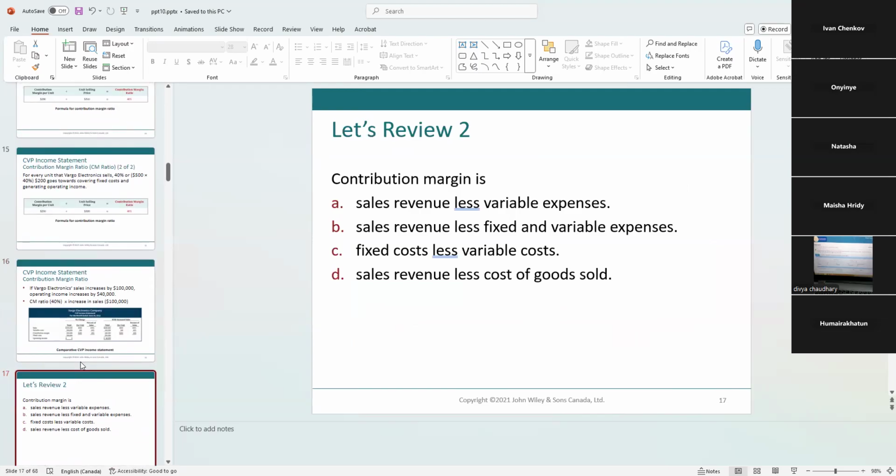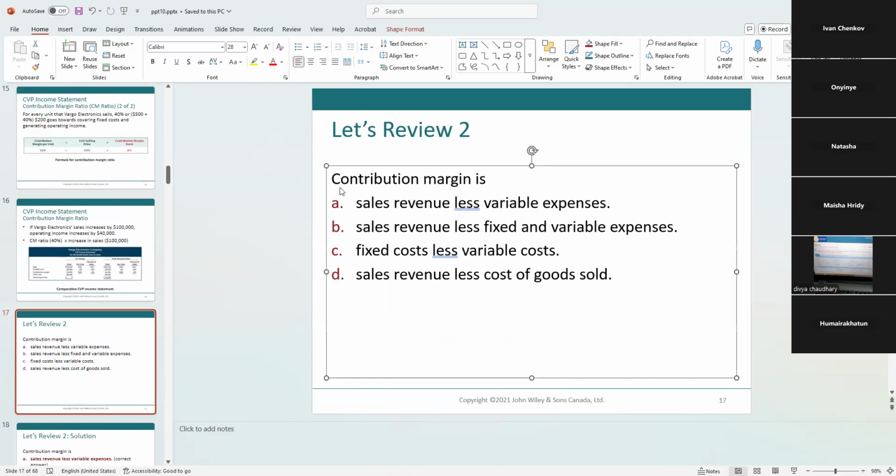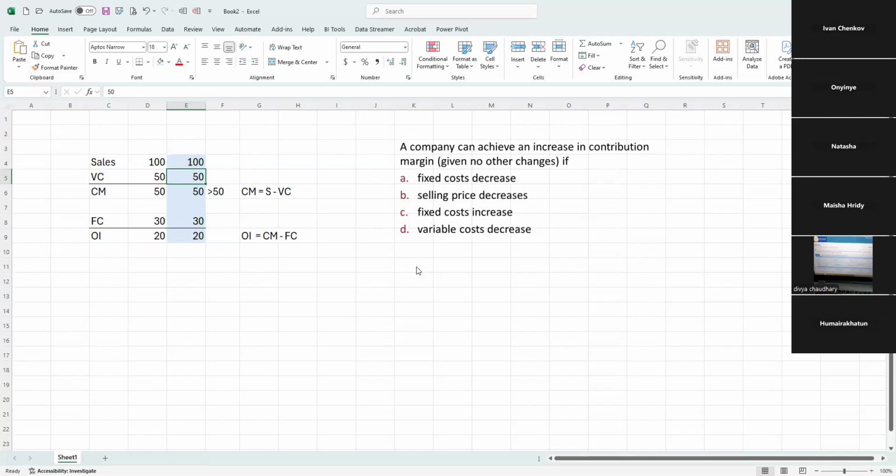What's the contribution margin? Sales revenue less variable expenses. We already saw that in the formula, correct? Where was our formula? Let me copy this and let's go here. That's our formula, contribution margin.